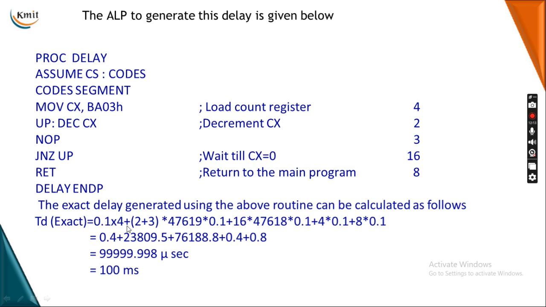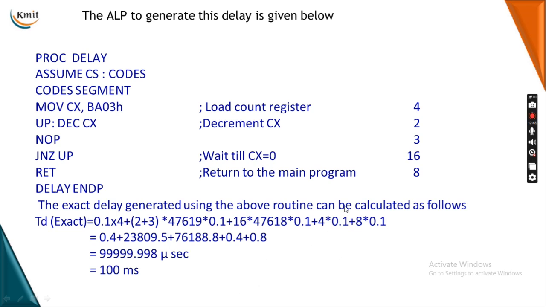So 0.1 into 4 plus 2 plus 3 into the total count, which is 47619 into 0.1, plus 16 into count minus 1 into 0.1, plus again coming to count, 4 into 0.1, plus the last 8 into 0.1.